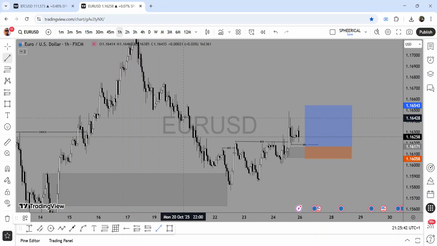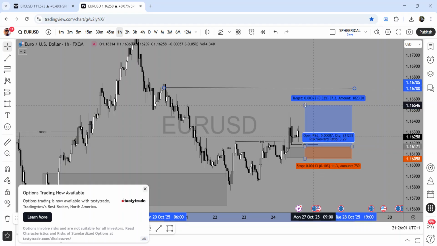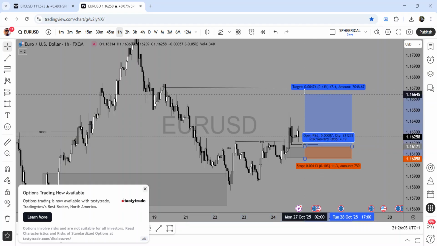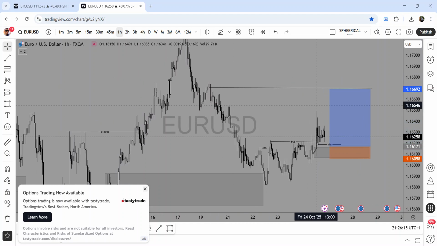For intraday traders, we will be targeting this other block as our take profit, instead of the other take profits I marked in the 1 day. This one is for intraday traders. So this will be our target, and that is 52 pips. We will be targeting this point.